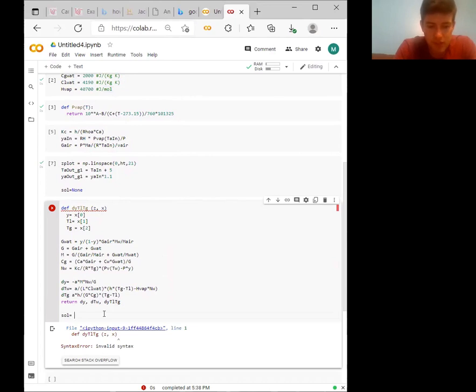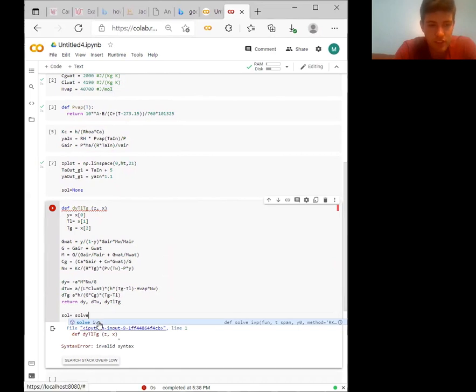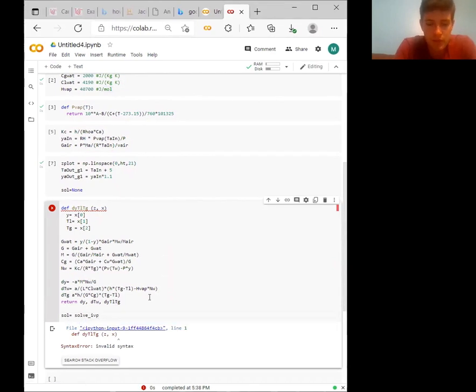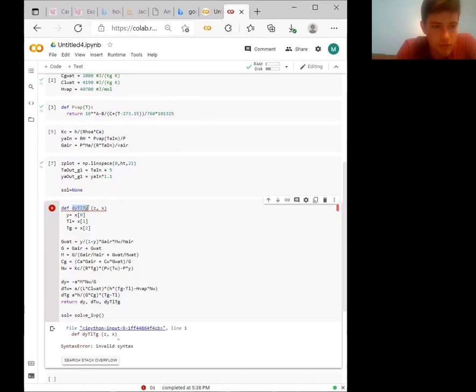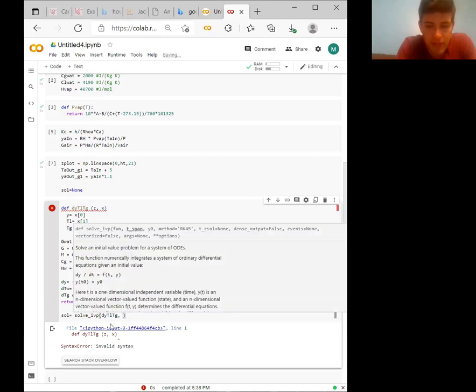I'm going to use exactly what we did with solve IVP in our last exam function. So it's a solve IVP, and it requires a couple things here. We need the function, which is this, so we're going to copy and paste that function. And then it's also the range.